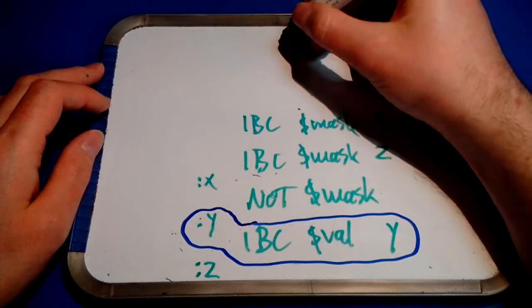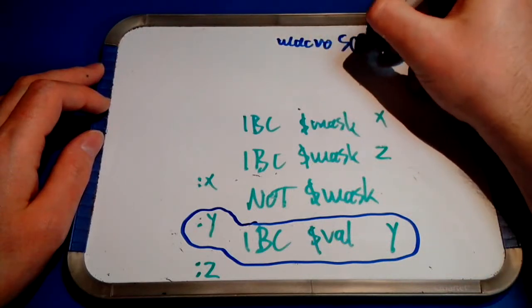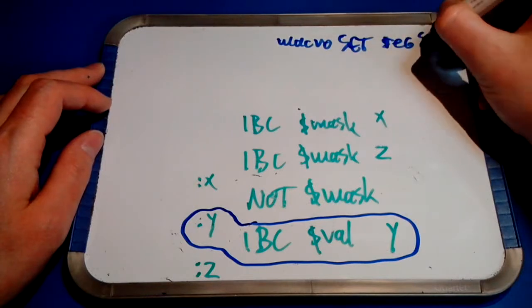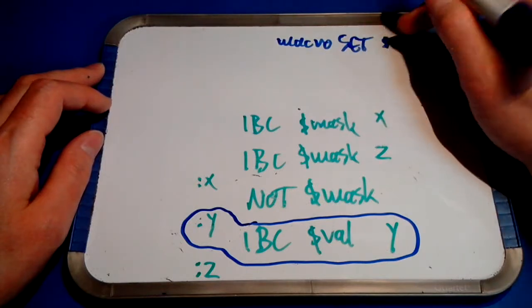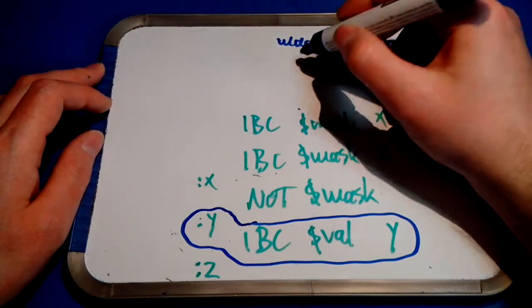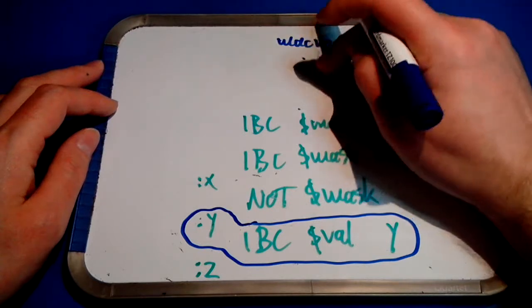Now we can write another macro named set that does exactly that. And by doing that we basically introduce yet another pseudo instruction. Now let's call it here again.